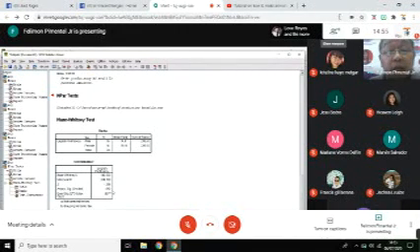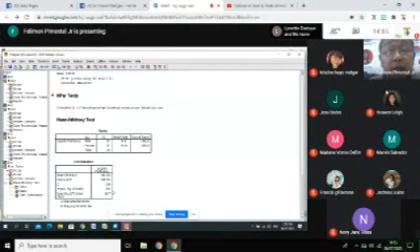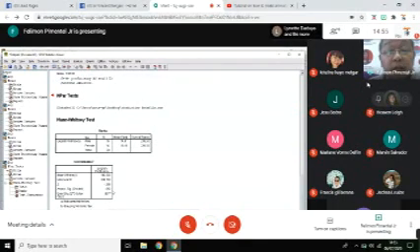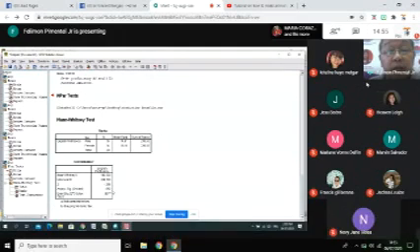Again, 0.692 is greater than 0.05. Therefore, it is not significant.